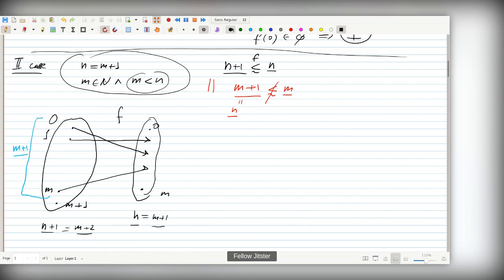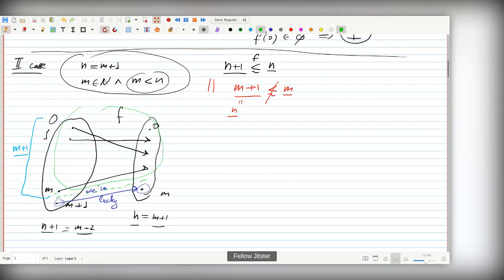This greatest element may be mapped anywhere in general, but assume that we are lucky, and this element is mapped into m. Assume. What do we have then? Look, that means that all the other elements are mapped where?